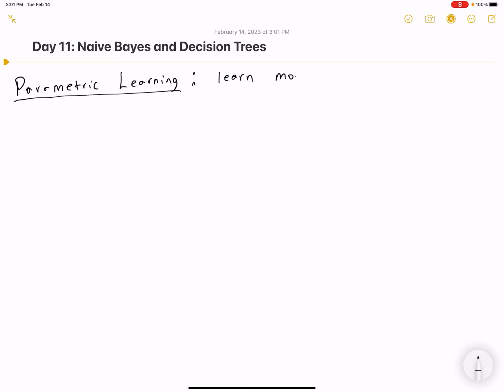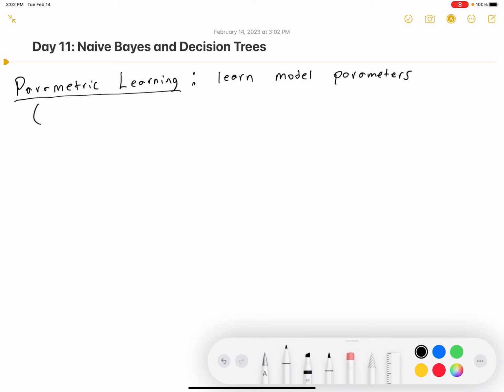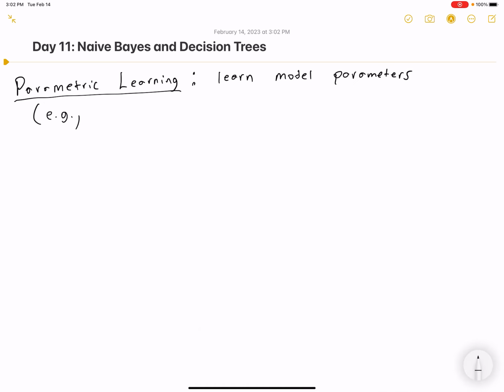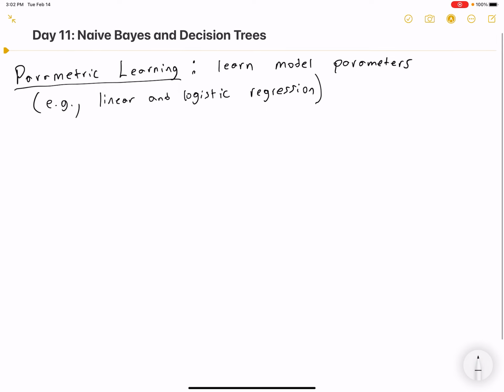So learn model parameters, and examples of that, well, I.E. is wrong, it should be E.G. Examples of that include linear regression and logistic regression, as well as neural networks, which we learned last time are a generalization of linear and logistic regression, which we will go into much more detail on later in the class.